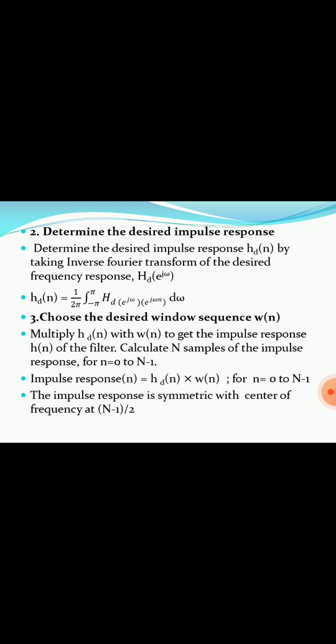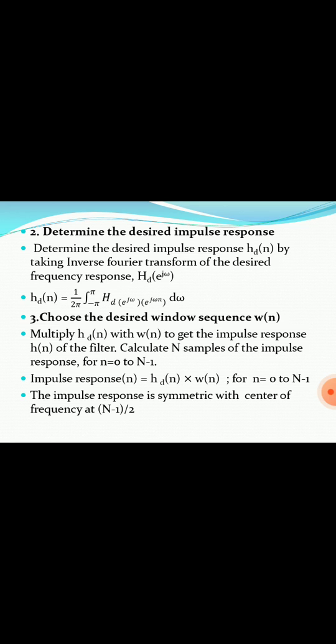So hd of n equals 1 by 2 pi integral from minus pi to pi of HD of e power j omega, e power j omega n, d omega. Next we have to choose any one window sequence w of n. This window sequence w of n is multiplied with the desired impulse response to give the impulse response of the filter.